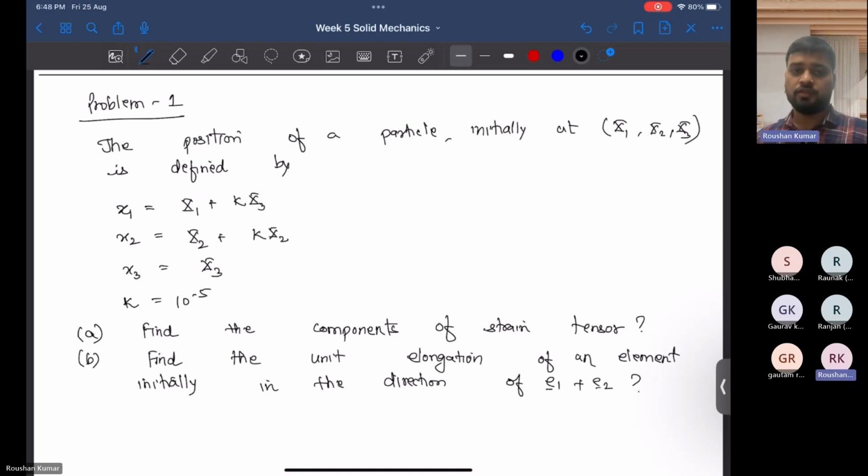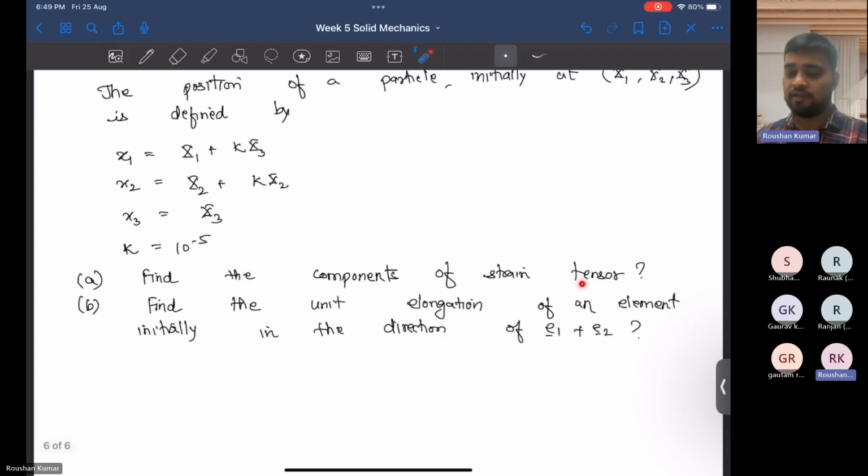So we have two questions here. The position of a particle initially at X1, X2, X3 is defined by x1 equals big X1 plus k times x3, x2 equals big X2 plus k times x2, x3 equals big X3, where k is 10 to the power minus 5. The first question is to find the components of the strain tensor, and the second is to find the unit elongation of an element initially in the direction of E1 plus E2.